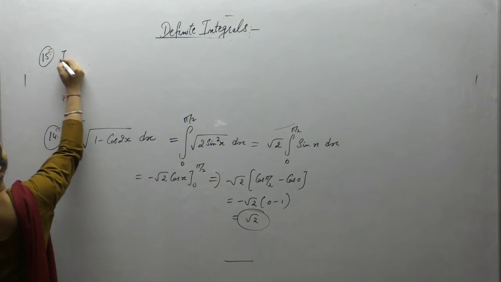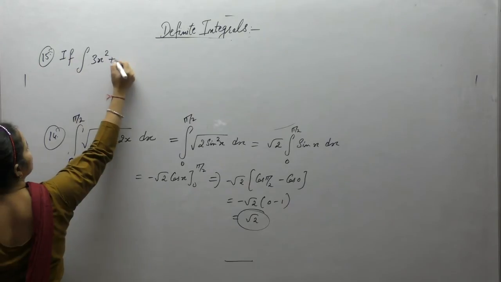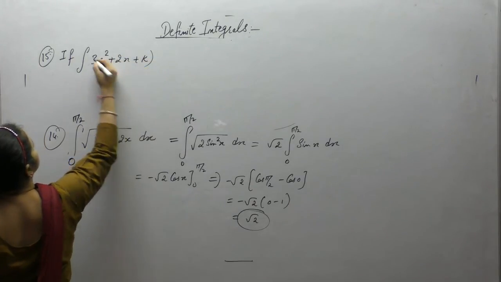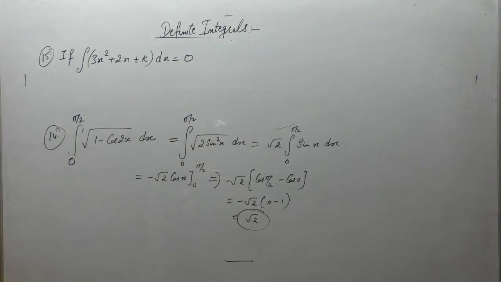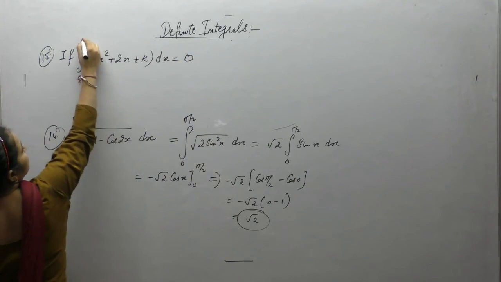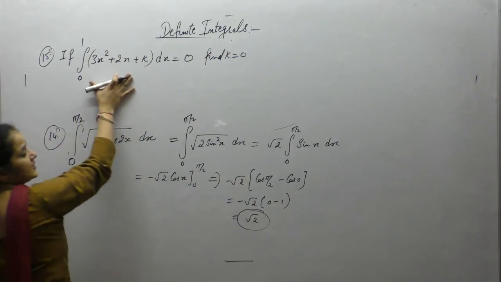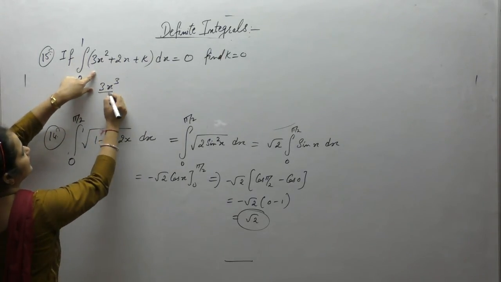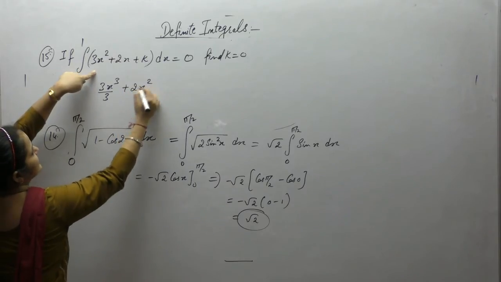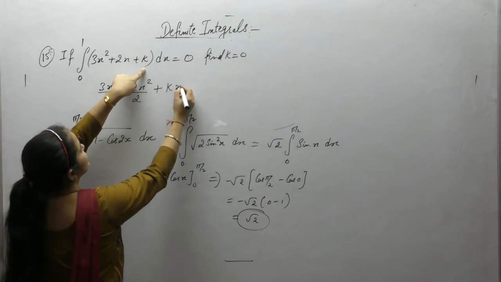Next, if the integral of 3x square plus 2x plus k dx is equal to 0, and the limit is 0 to 1, then find k. The integral of this term is equal to 0. First find the integral: x square gives x cube by 3, x gives x square upon 2, k is a constant, and the integration of 1 is x.